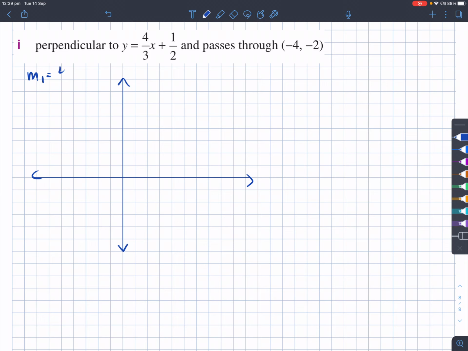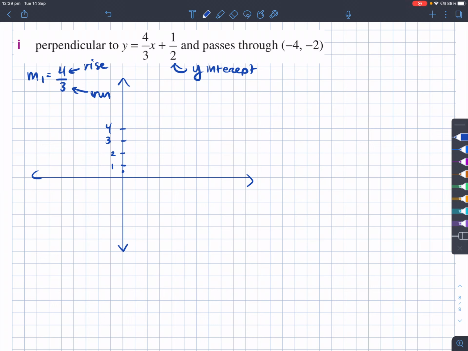So m1 is 4 over 3, where we rise by 4 and we run by 3. And our y-intercept here is half. If this is 1, 2, 3, 4, like that, then half will be midway between 0 and 1. So that's right there.